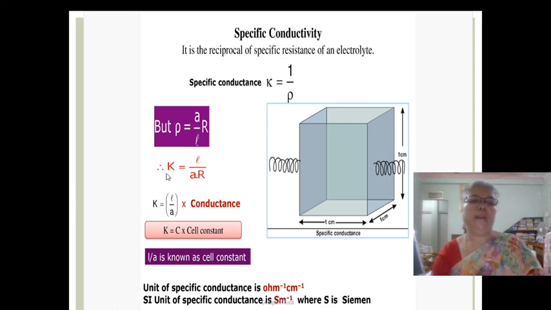Therefore, we can write the specific conductivity kappa is equal to L upon A into R. When L and A are unity, at that time the specific conductivity is equal to the conductance of that solution.